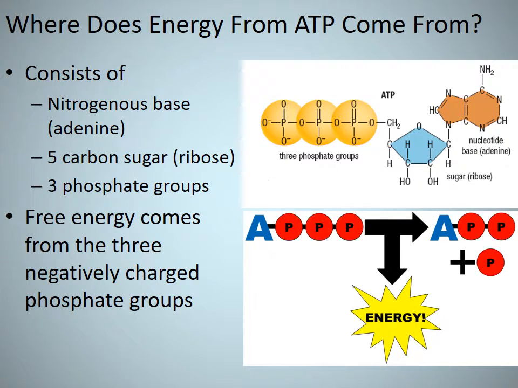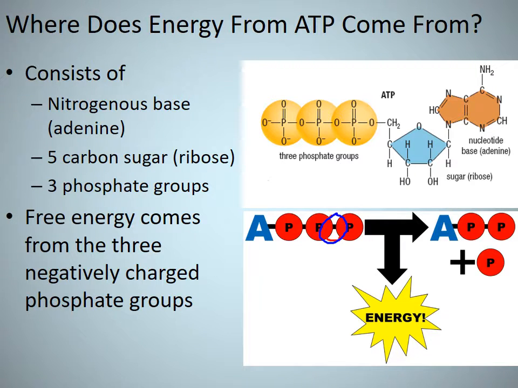All right, where does the energy from ATP come from? Well, it comes from a glucose molecule. Our cells break down a glucose molecule, and using that energy from that glucose, we will store it in the form of ATP. There's a lot of high energy here in the phosphate groups. And when that phosphate group breaks off, this is known as the hydrolysis of ATP.